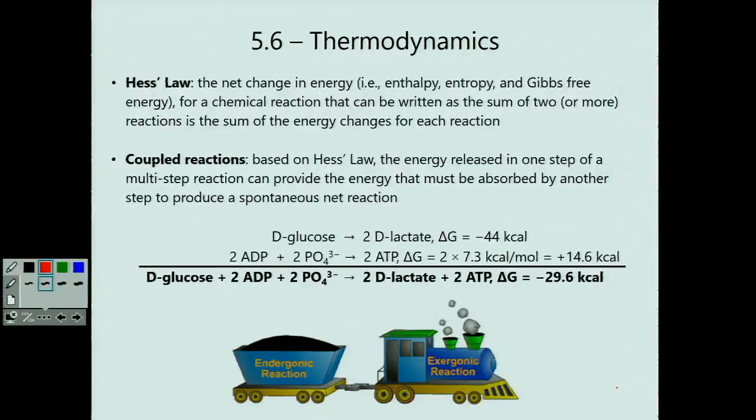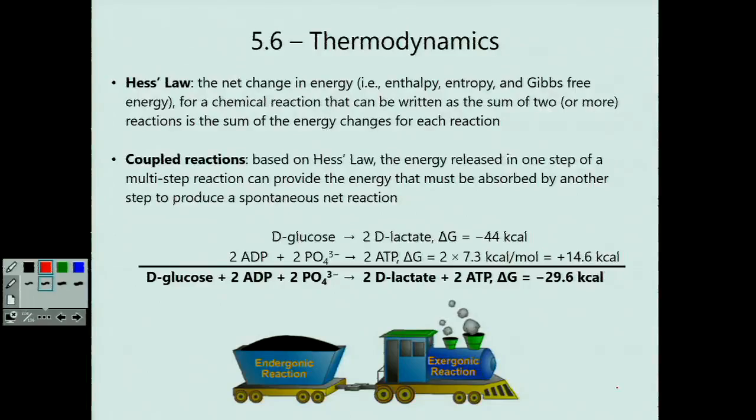Well, it turns out that ATP comes from the placement of a phosphate on ADP, which is adenosine diphosphate, right? Put a third phosphate on one that already has two, and you're making triphosphate. Well, we're going to see where this number comes from a little bit later, but the net process is endergonic, right?